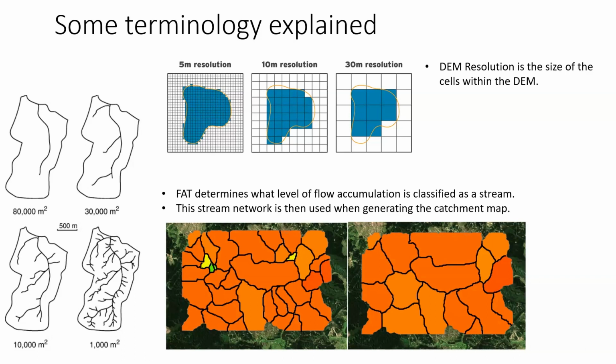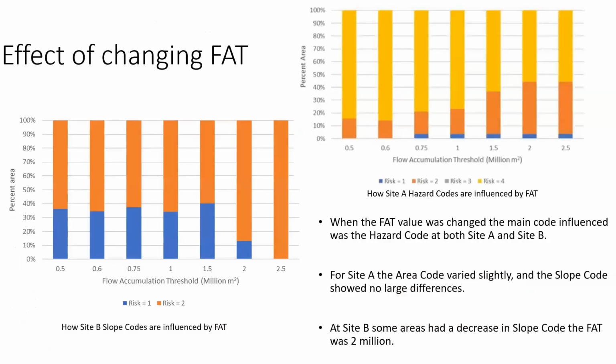So if you've got a higher flow accumulation threshold, you're mapping fewer catchments. If you've got a lower one, then you can see you've got a lot more. For example, this one here is being split up into about 4 or 5 on that side. And then the DEM resolution is the cell size of your elevation model.